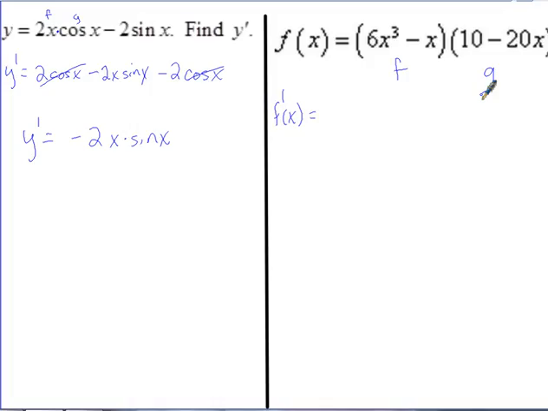All right. What's my rule say to do? The derivative of f, right? So the derivative of f times g plus f g prime. Okay, just to help you out. What'd you say, Caesar?